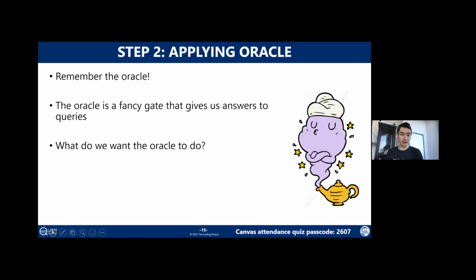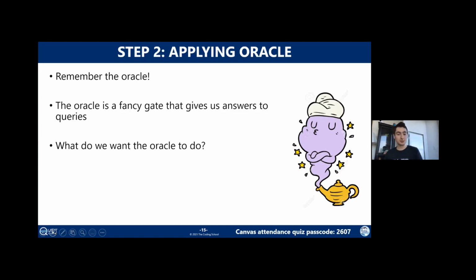This is where the oracle comes in. The oracle is going to help us do this step. As I mentioned before, the oracle is just a fancy gate that does a function, right? And so to figure out what this oracle should do, we need to think about that a little bit. To rephrase the question, we have an even superposition of all states. We want to get to the one state where Waldo is.